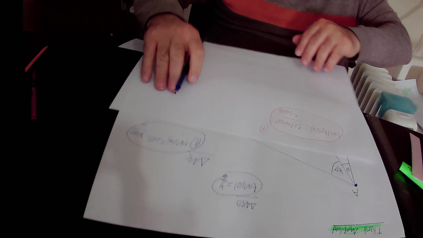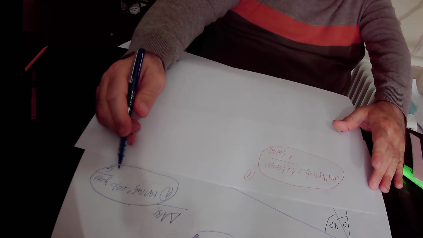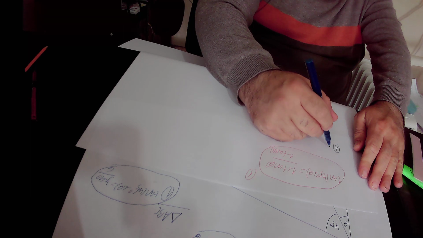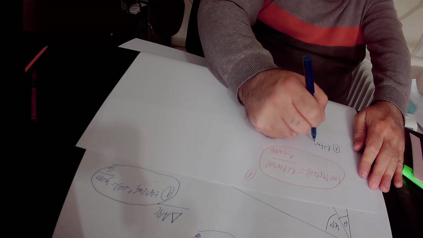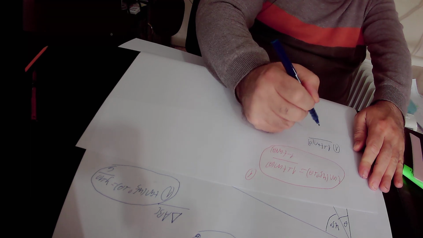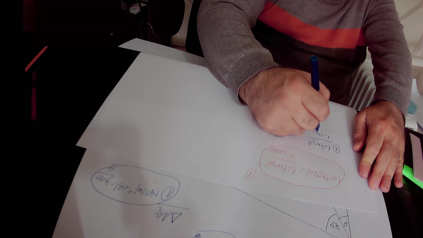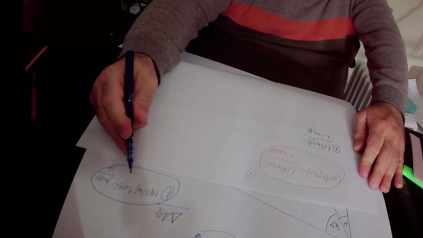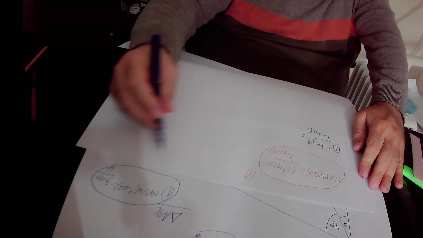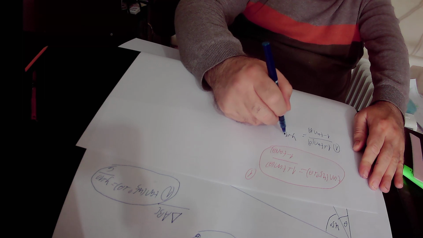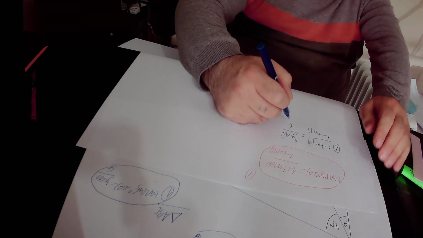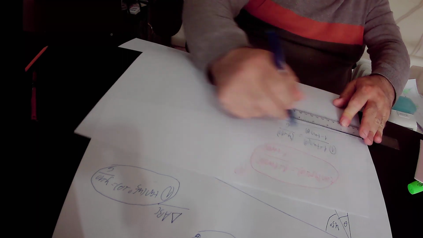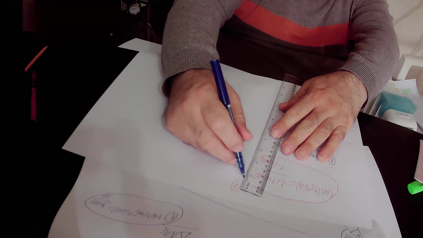And we will get that according to equation number 1, tangent 45 degrees plus theta is equal to 1 plus tangent theta over 1 minus tangent theta, and this is equal to y plus 10 over 6.